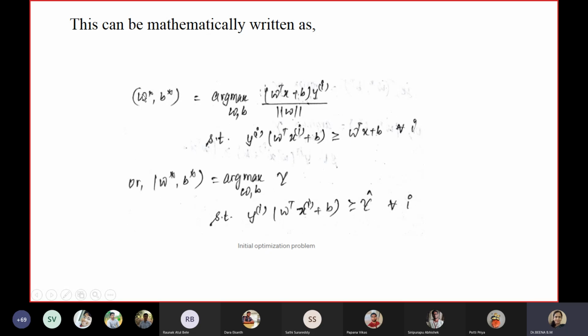The objective function. We are deriving the objective function of the SVM algorithm.